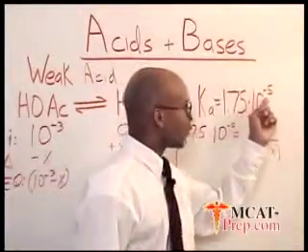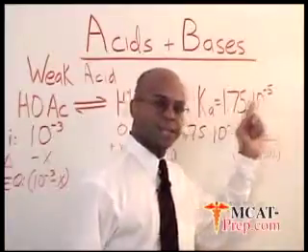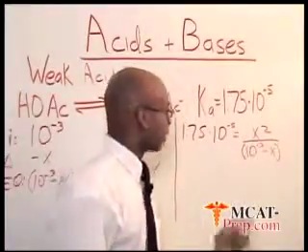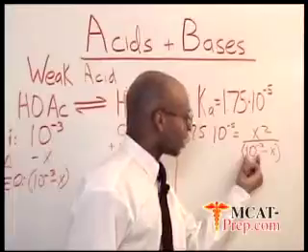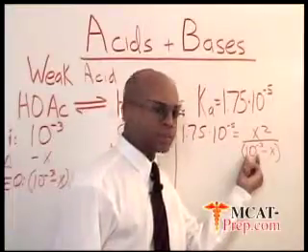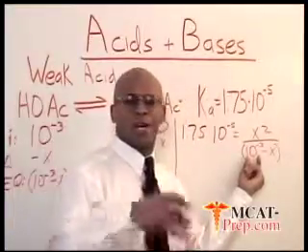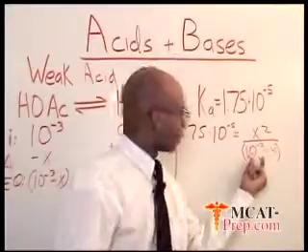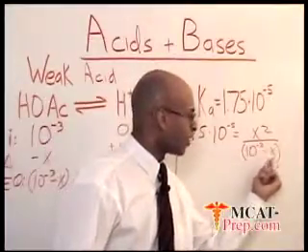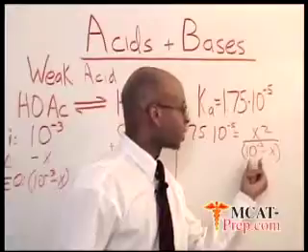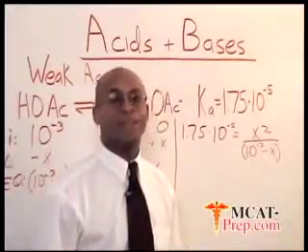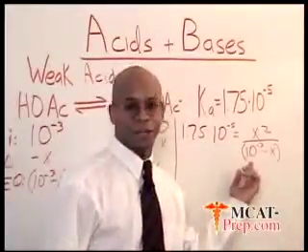So what happens in this particular problem, in order to avoid using the quadratic equation, keeping in mind that relatively little product is being formed, that means if you start off with 10 to the minus 3 and only 1 in 100,000th of this is going to be released as x, well, 10 to the minus 3 minus x is going to be essentially 10 to the minus 3.